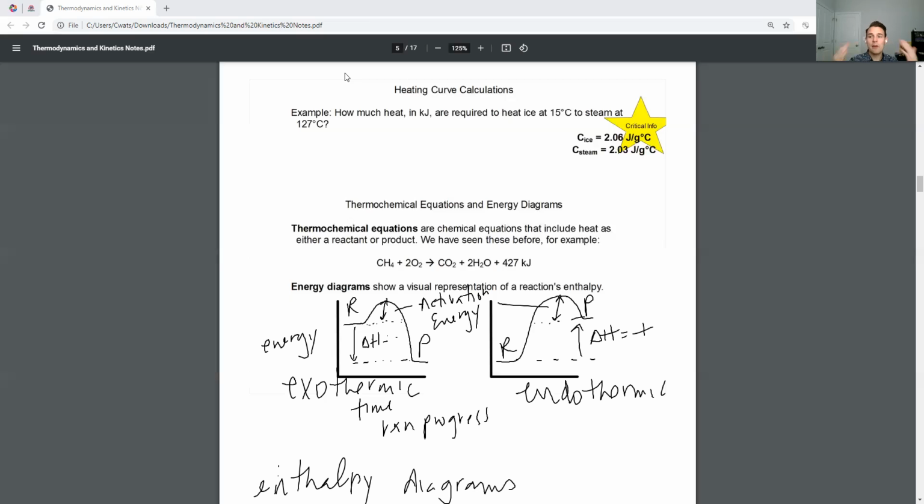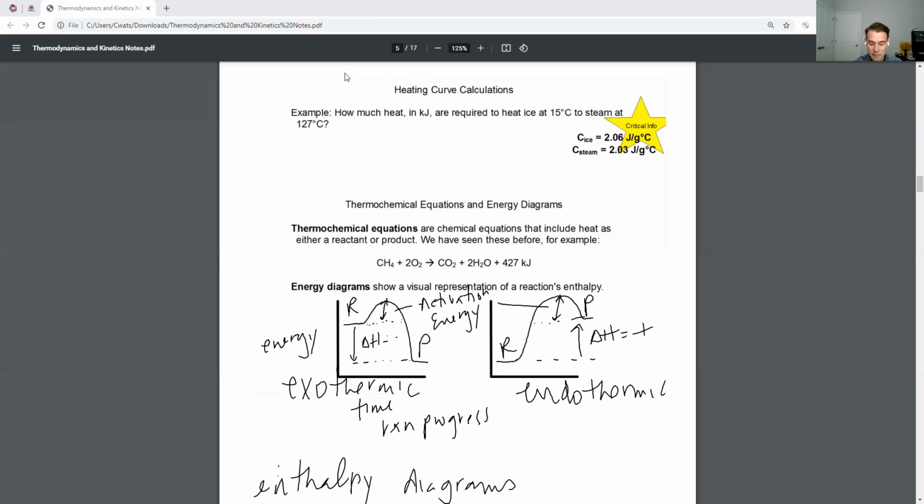It's basically the hump you have to get over in order for the reaction to occur because all bonds need to be broken, rearranged, and then form new bonds. We will talk more about the activation energy later. I just wanted to show you the difference between an exothermic and an endothermic enthalpy diagram or energy diagram.